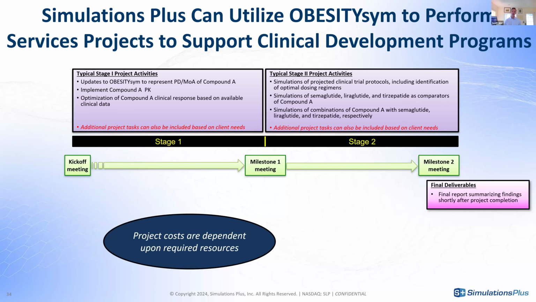And along the way, we're implementing your compound's PK, treatment attributes, utilizing available clinical data and the optimization protocols, and then making the predictions to really identify that optimal dosing paradigm: what outputs, what frequency, what duration of study. Because we have semaglutide, liraglutide, and tirzepatide included in the model, we can use those as comparators.